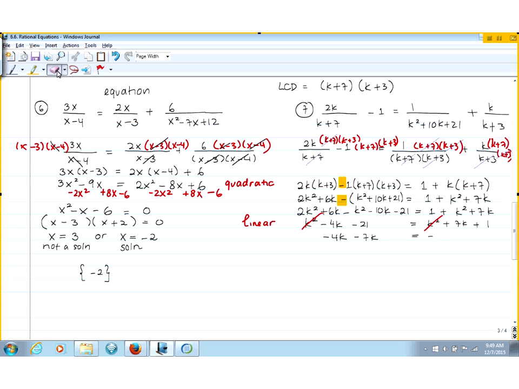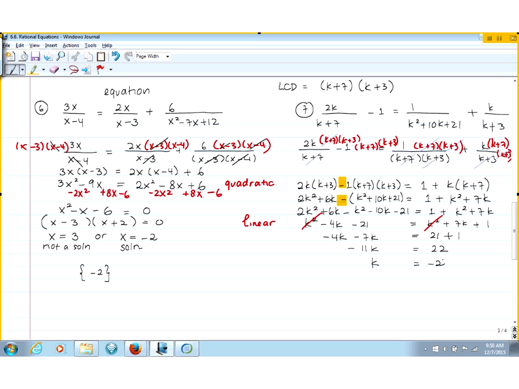So this becomes positive 21 plus 1. Alright. So negative 11k is equal to 22. So what is k? Negative 2.